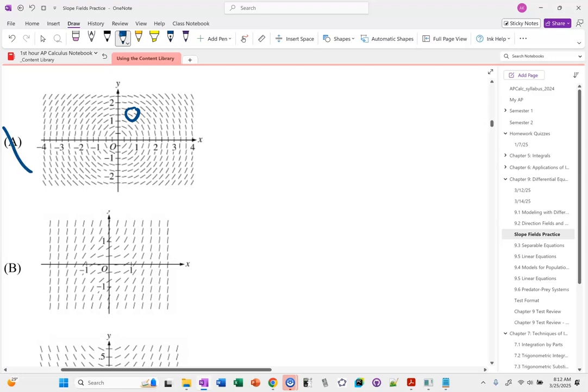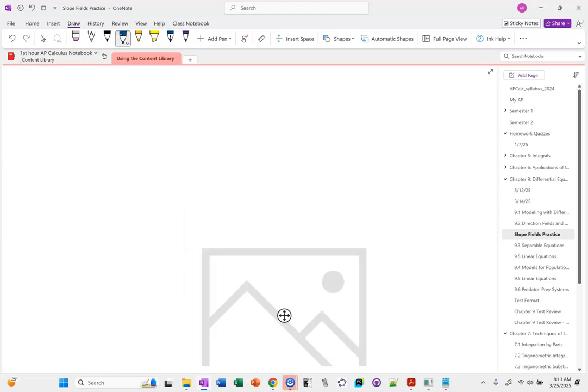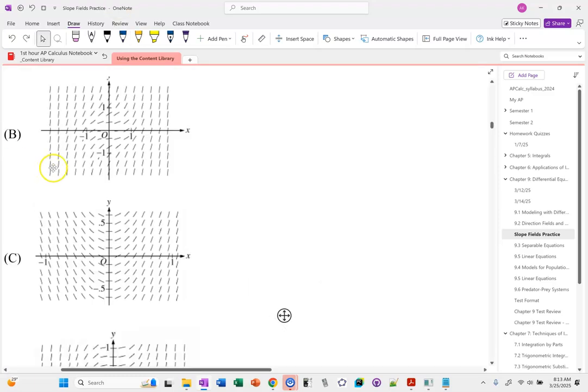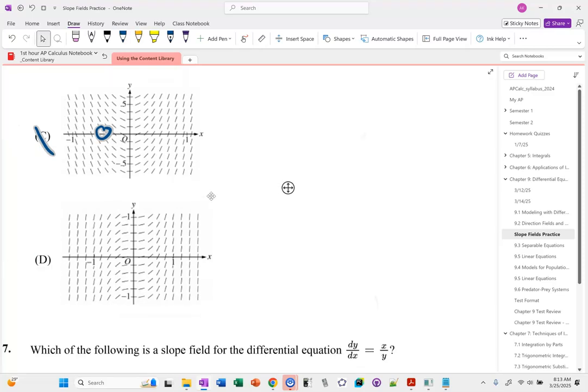So this one has a negative slope in it. You're gone. This one, those all look positive to me, right? That one's a possibility. This one, though, oh boy. Negative slope, you're gone. This one, those all look positive there also, right? Okay.